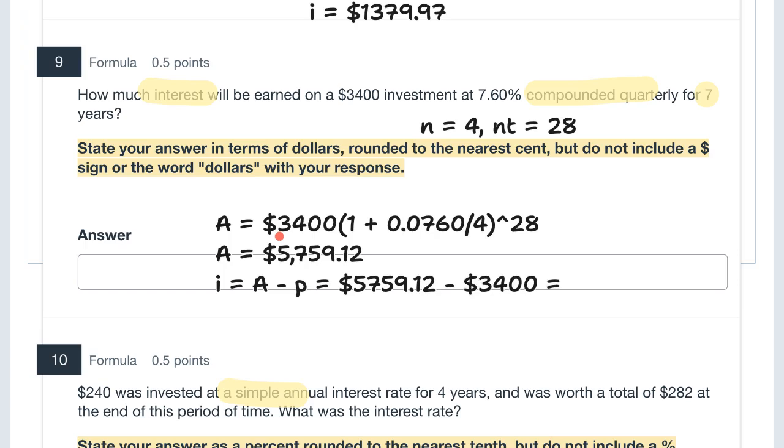I have the 5,759.12 on my calculator. I just hit subtract 3,400. And this is equal to 2,359.12.